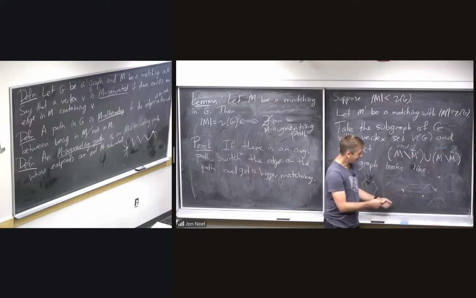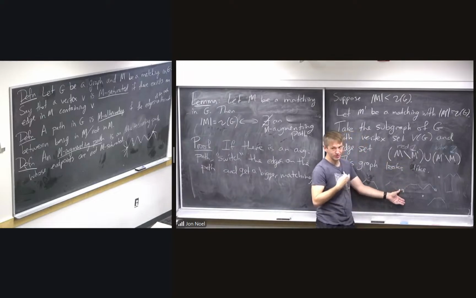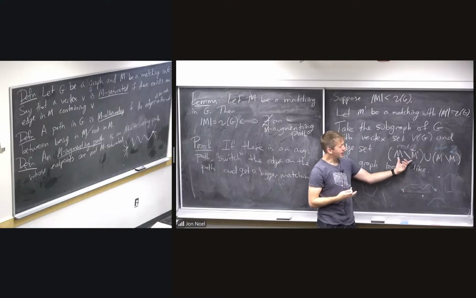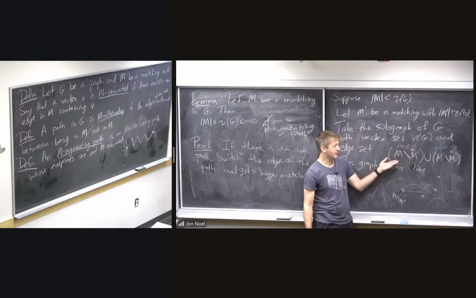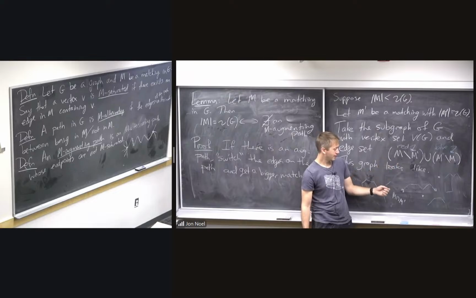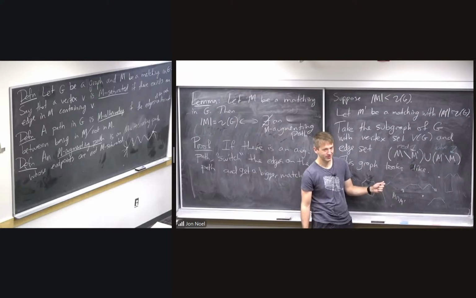So I'm trying to say if I look back at the matching M, there are no edges of M touching that vertex. There are no red edges there. The only other edges of M are the ones that are in M and M prime, which are not present in this graph, right? But there couldn't be one of those edges because then this vertex would have two edges that are in M prime, but it's a matching. And so that doesn't happen.